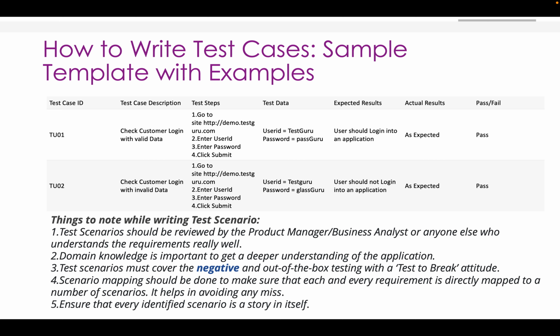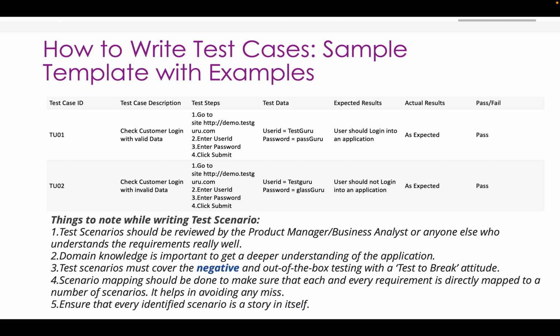The second point is that we should have domain knowledge, which is important to get a deeper understanding of the application. The third point is we must cover negative and out of box testing with a test-to-break attitude.